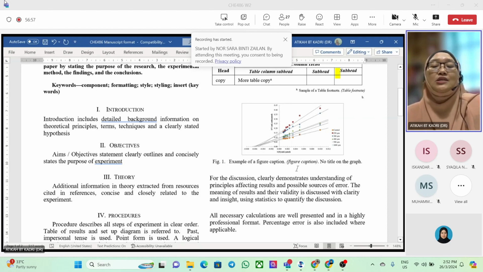Let's say you need to have multiple charts, and these multiple charts are connected to each other. Probably this chart is for sample A, another chart for sample B, another one for sample C. You can arrange the charts together, or you can split them with gaps of the text of your discussion.